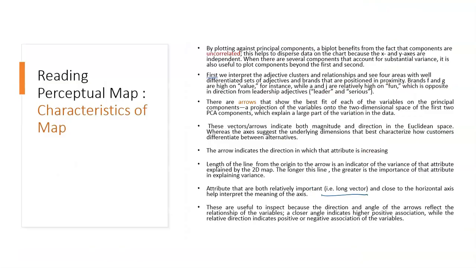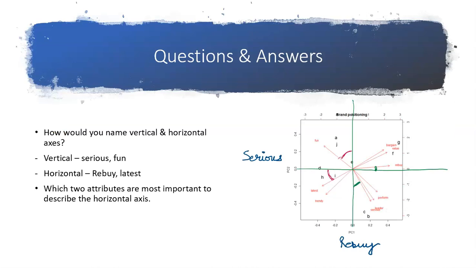Another thing is that attributes that are both relatively important and close to the horizontal axis can help in interpreting the meaning of the axis. Let's see how. The question is, how would you name the vertical and horizontal axis?